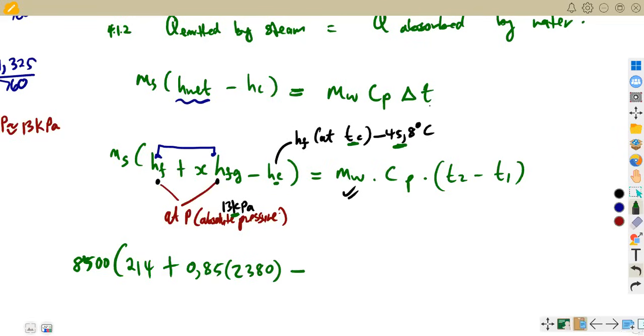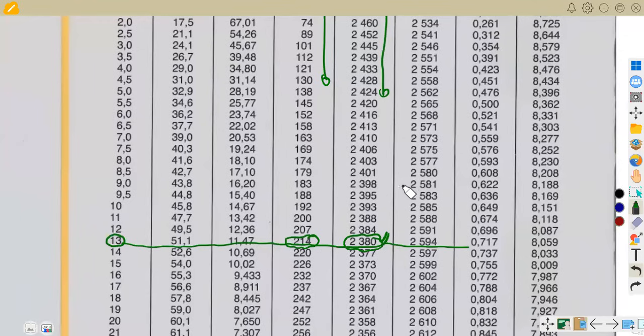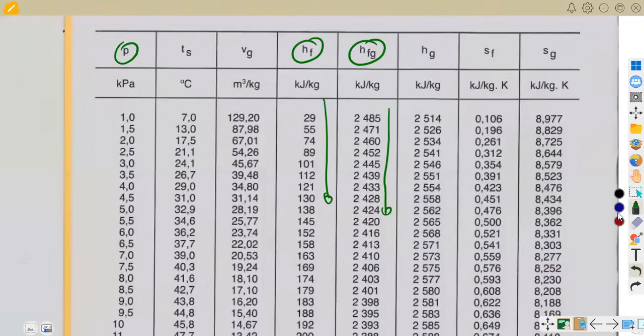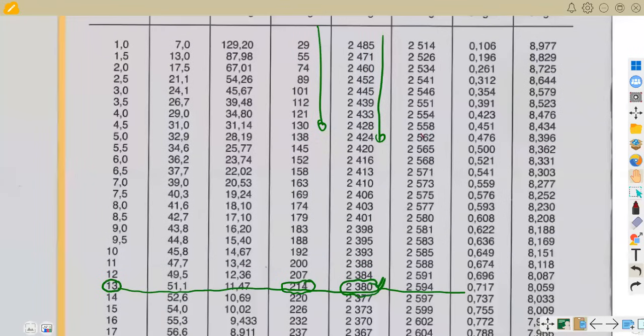So at 45.8 degrees Celsius, we need the temperature this time. So we are under the saturation temperature here. We need the value of HF under this temperature of 45.8. This is going to be the value of HF.